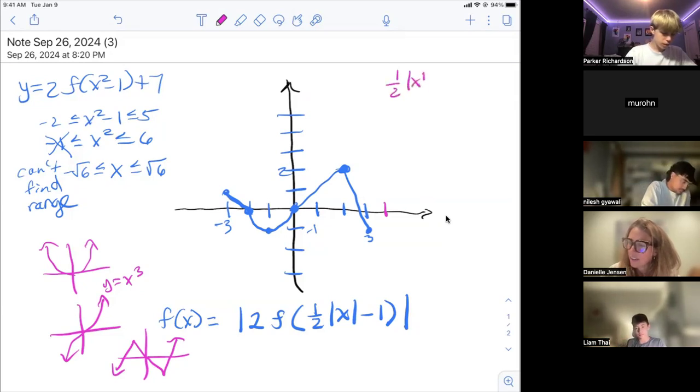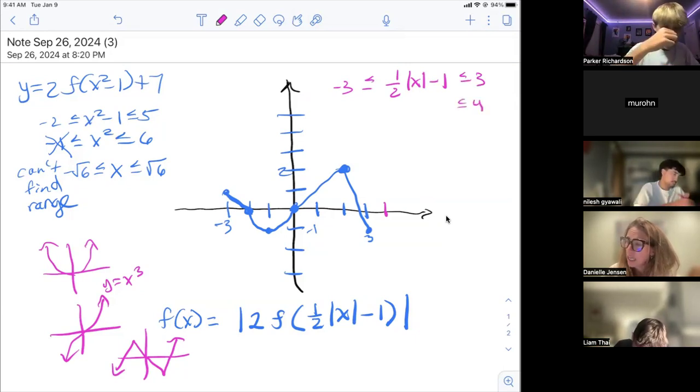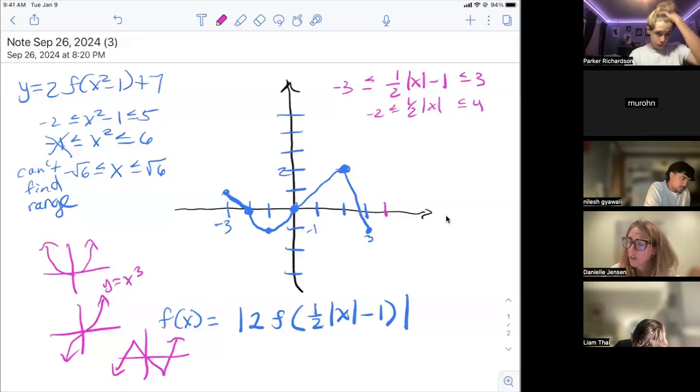Yeah, and if people were struggling with that, you could always start by saying, okay, this went from -3 to 3. So you'd shift it over 1, and it should go from -2 to 4, right? I'm actually going to do the first two steps in one step, just so my graph doesn't look crazy here.